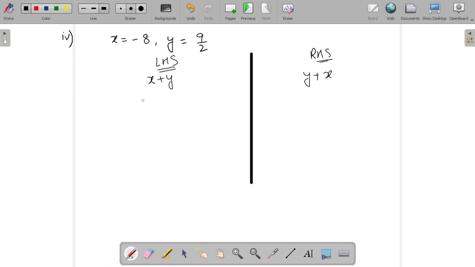Now again substitute the value. Instead of x, substitute its value, minus 8, plus the y value, 9 by 2. Take its LCM, 2 would be the LCM, divide from below, multiply on top. So it would be minus 16 plus 9. So it would be minus 7 upon 2.